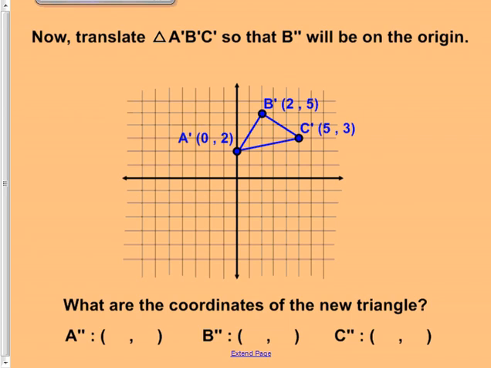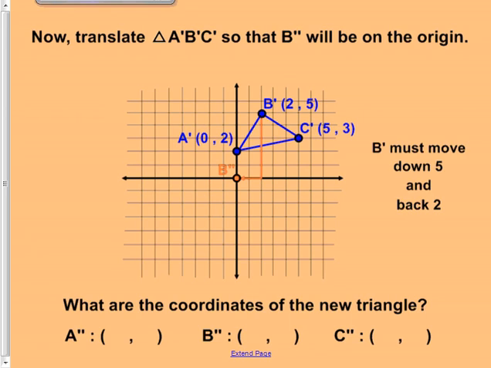They want B prime to go to the origin. Well, that's pretty self-explanatory. In order to go to the origin, B prime must move down 5 units and back 2 units. So essentially its rise over run is -5 over -2. The negatives cancel, and you actually get a slope of positive 5/2.